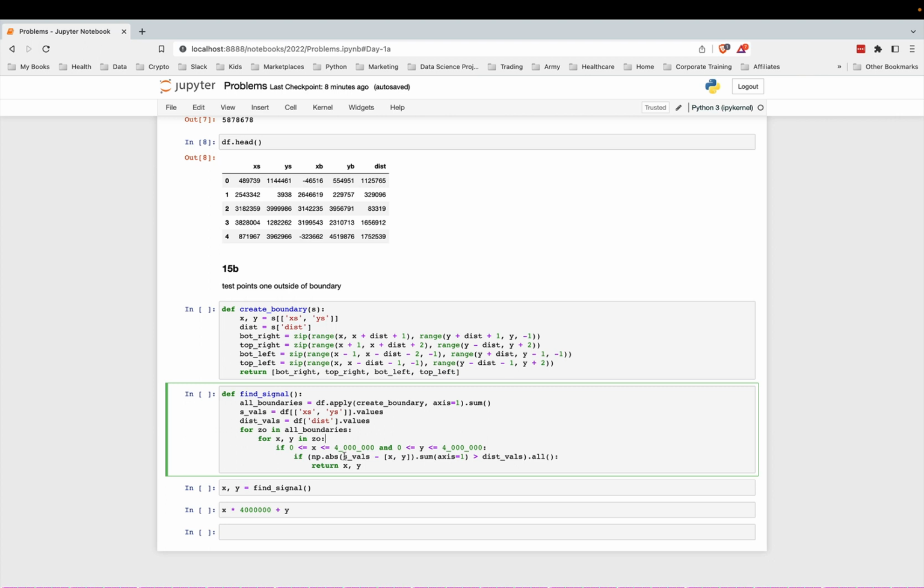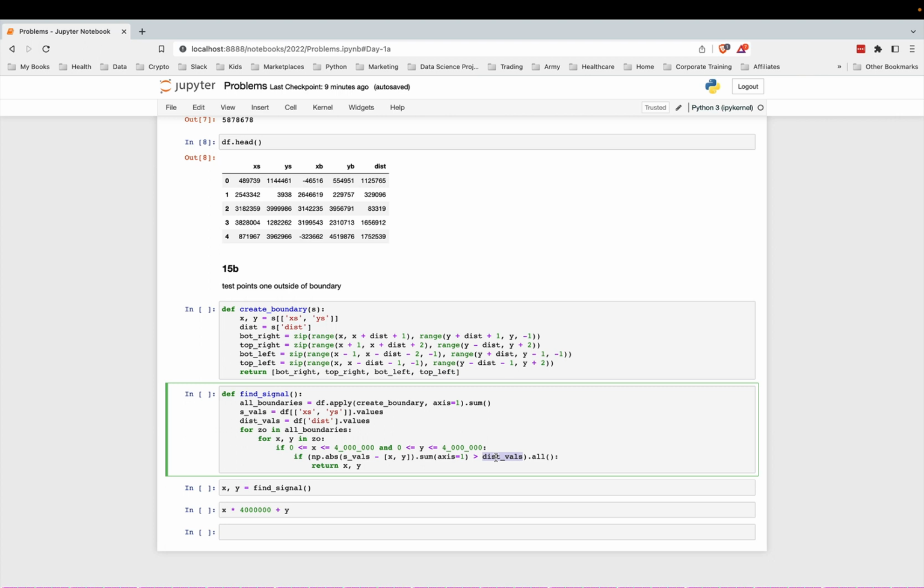And then what I do is I calculate the distance between that point and every single sensor. So that's what this is doing. So every point is checked against that sensor, and this is how I find the distance, right? So this is just getting the absolute value between the X and the Y. I sum it up over axis equals 1. That's horizontally, so I get the Manhattan distance like that.